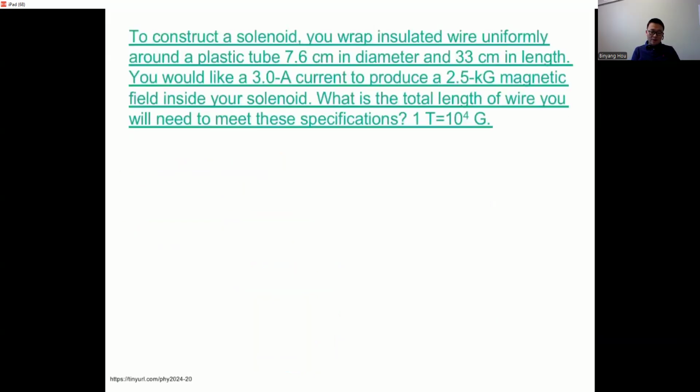So let's take a look at one example on solenoids. It says to construct a solenoid, you wrap an insulated wire uniformly around a plastic tube 7.6 centimeters in diameter and 33 centimeters long. You would like 3.0 amps current to produce a 2.5 kilogauss field, G for Gauss, okay?